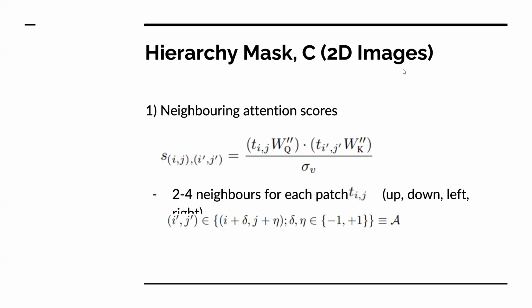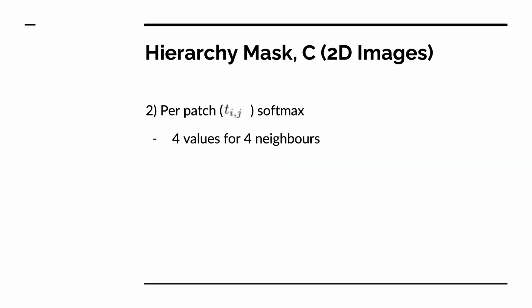So yeah, first things first, you got to compute the neighboring attention scores. So depending on the number of neighbors you have, you got to compute it for all of them. So yeah, up, down, left, and right, depending on where your patch is located. Next is the softmax values.